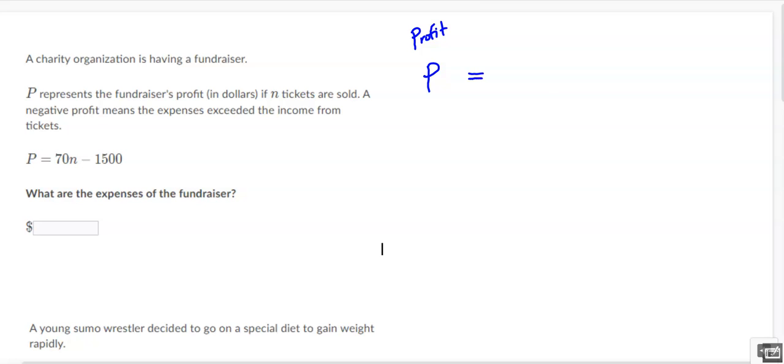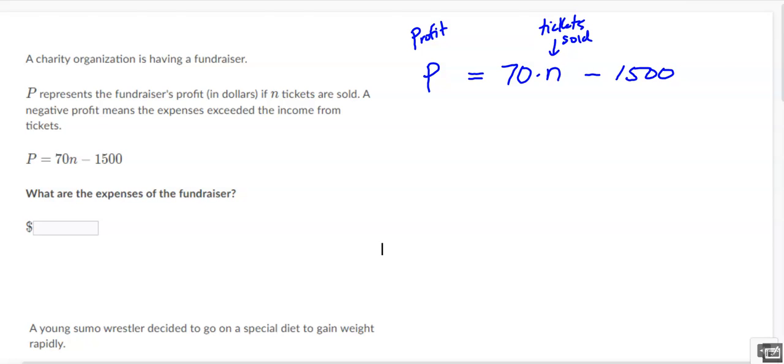So we have 70 being multiplied times N. Those are our tickets sold. And a negative profit means the expenses exceeded the income. So if we end up with a negative number for P, we didn't cover our costs. So we have an equation here.